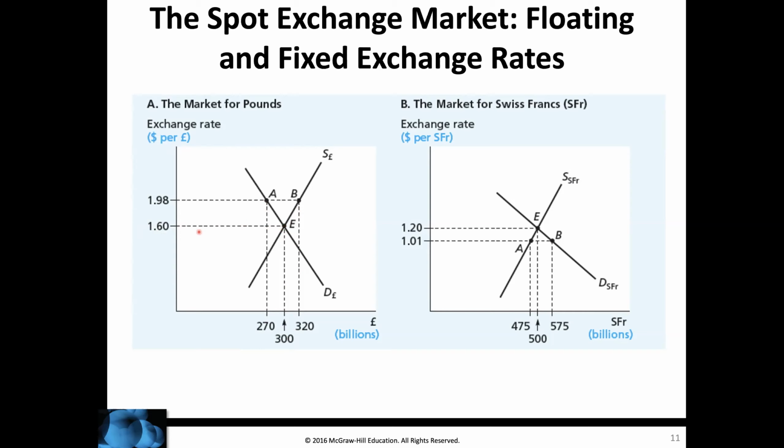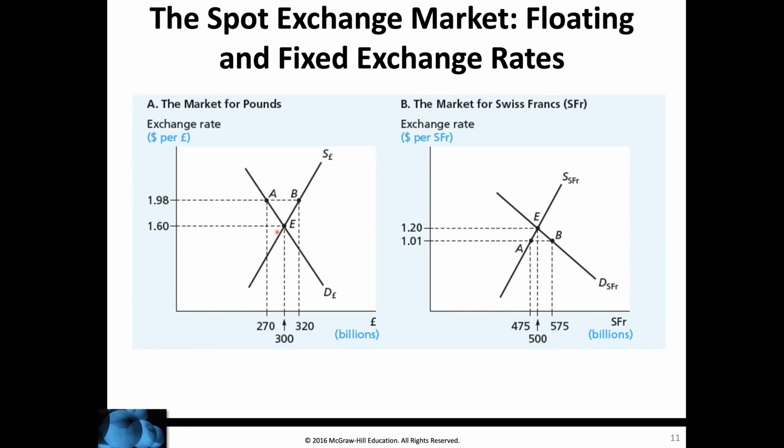However, what can happen if the government wishes to fix the exchange rate at a different level, then it has to intervene to buy or sell the currency to meet any difference between the private quantity demanded and the quantity supplied. So in panel A here, we're seeing that if the British government is committed not to let the pound fall below $1.98 per British pound, the government has to step in and purchase the difference.